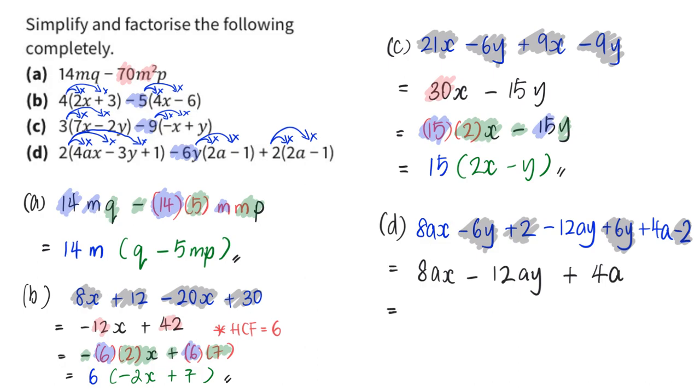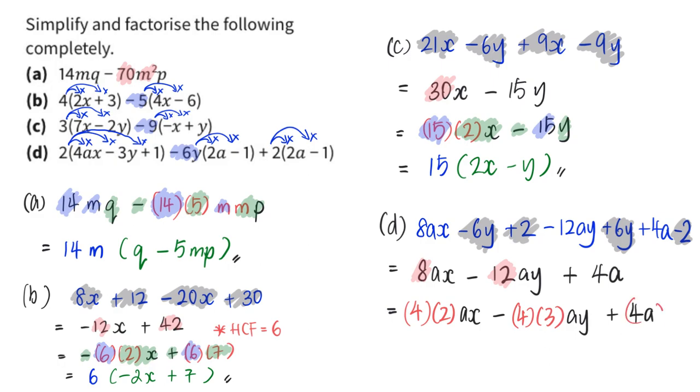And I saw that the highest common factor is 4, meaning I am going to rewrite 8 as 4 times 2, 12 as 4 times 3, 4a.